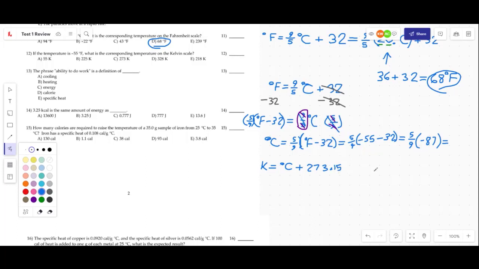Now 5 divided by 9 times negative 87 is going to give us negative 48.33, although admittedly it's only 2 sig figs.